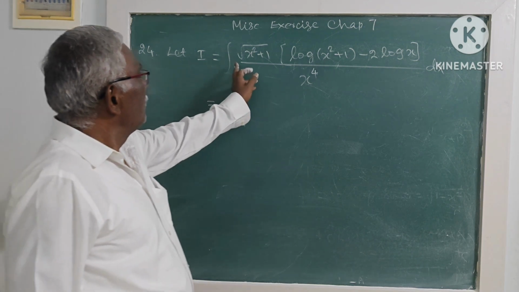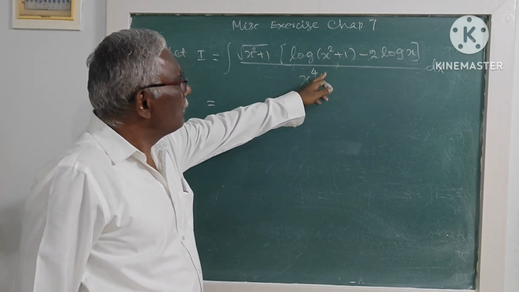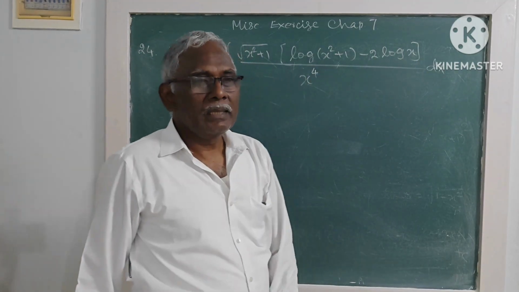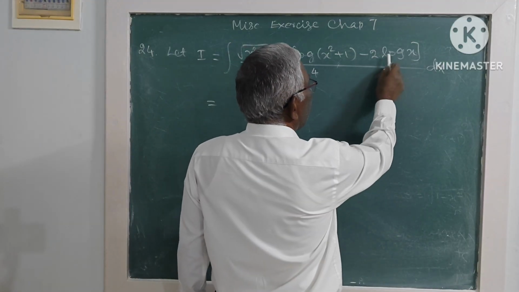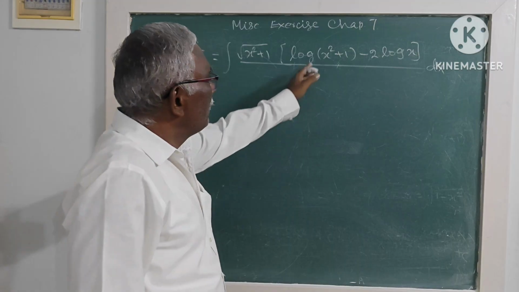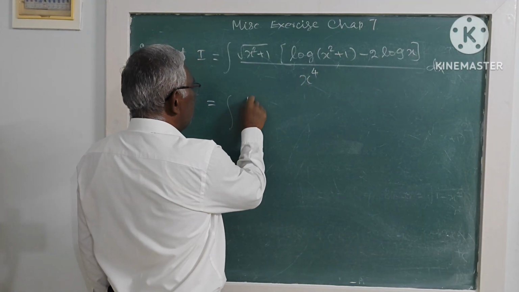So in this integral, square root of x square plus 1 into log of x square plus 1 minus 2 log x divided by x power 4 dx is there. Here log m minus log n is there. This we can write log x square. So log m minus log n form. Let us see how that gets simplified.